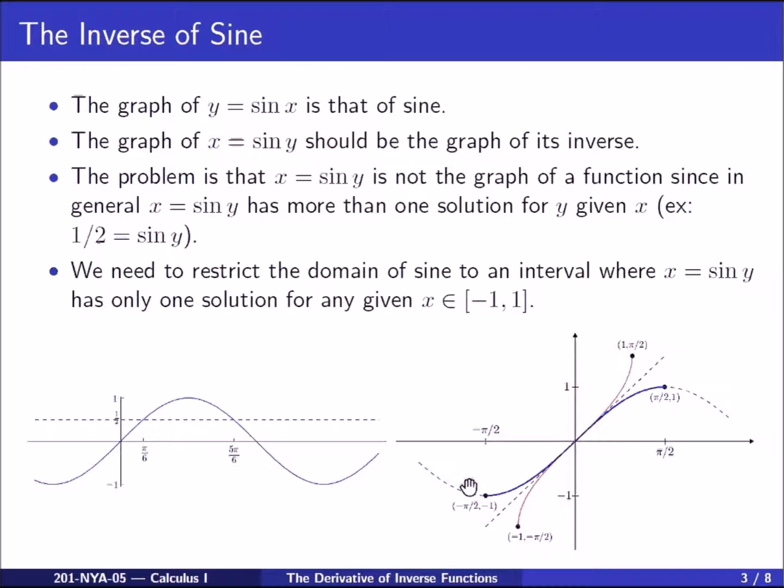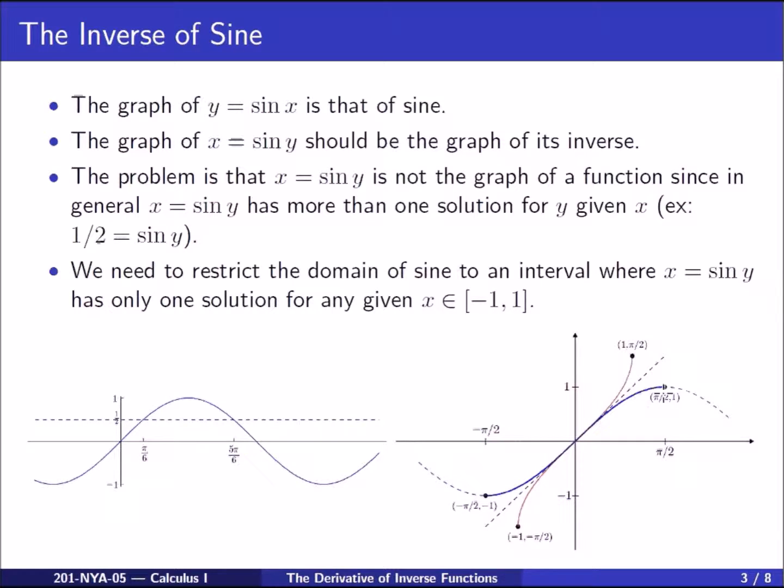And at the same time, if I draw a horizontal line anywhere, it will intersect the part of the sine curve in blue in only one place. And this means that we need to restrict the domain of the sine function between -pi over 2 and pi over 2. So the angle we'll be looking for will be within that range.